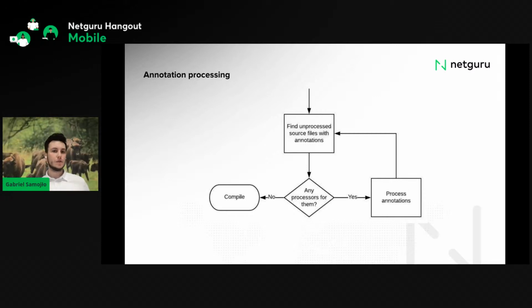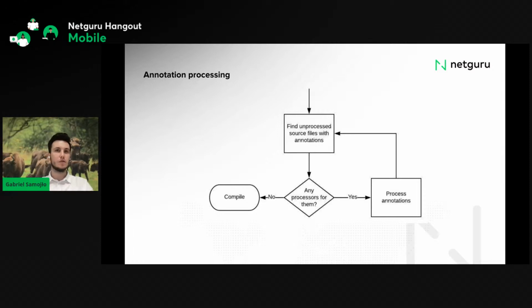This is the main reason why your project probably shouldn't have many annotation processors, because it has an impact on the compile time. There is also a very big danger, because as you see, if it's working in rounds, there is a possibility that you will have an annotation processor that generates code which contains another annotation that needs to be handled by another processor.